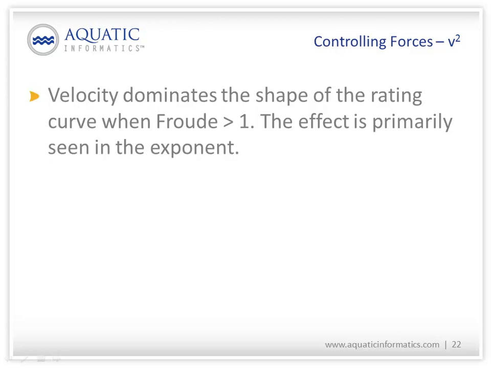All we're measuring is the stage at the location. So this creates a lot of uncertainty for us in developing rating curves. We try to avoid doing gauging in these velocity-dominated streams, but sometimes it's necessary, and you need to be aware of how that's going to affect your parameters in your rating curve.